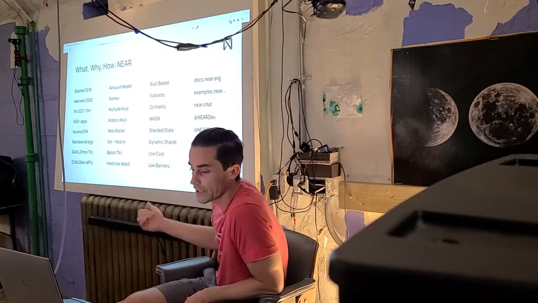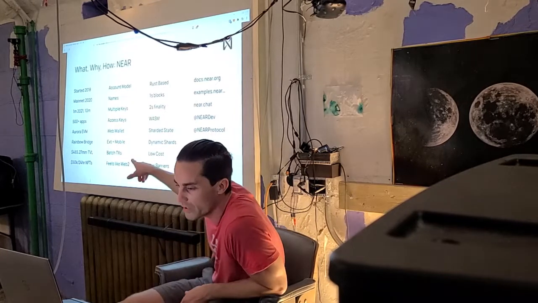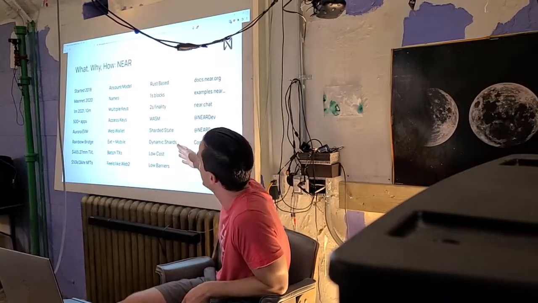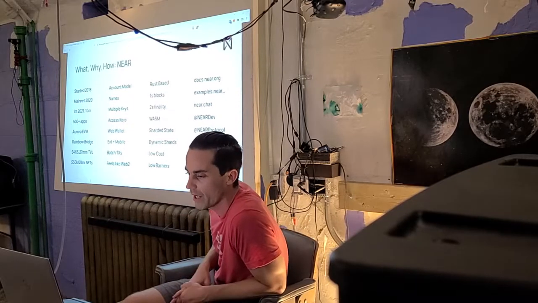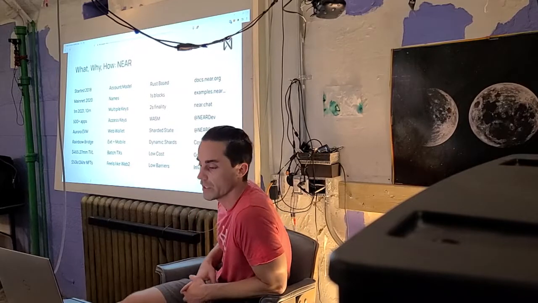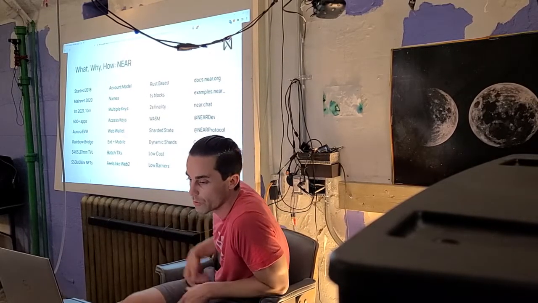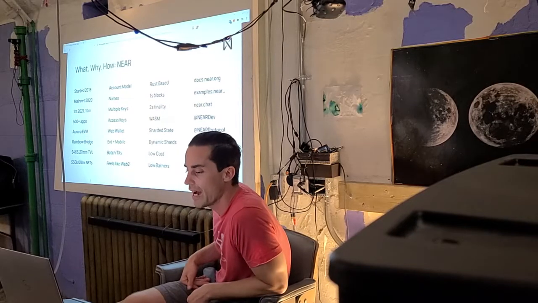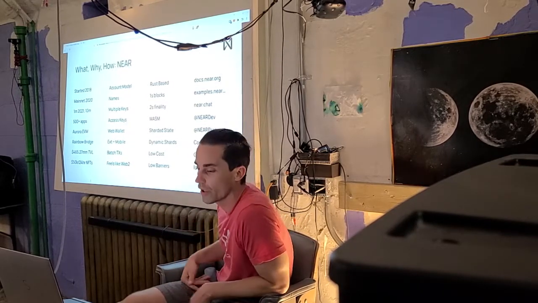We hit 1 million accounts in 2021 after mainnet. I can't remember when. And then we hit 10 million just recently, 10 million accounts created. So that's pretty cool. And then there's 500 plus apps now across NEAR and Aurora.